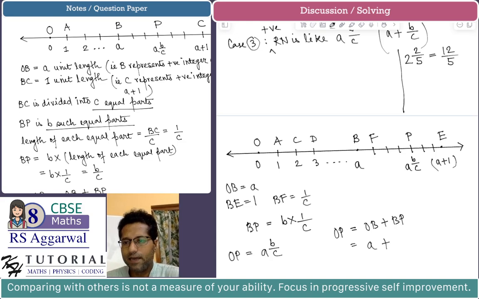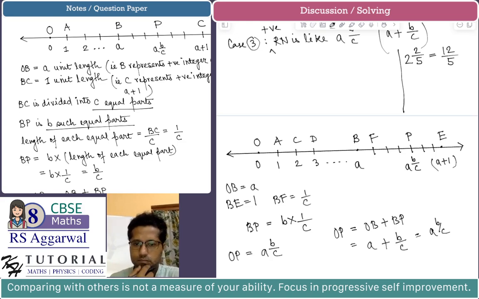The point P has been taken in between B and E at the mark which represents b such equal parts, where BE is divided into c equal parts. So point P is at a distance of b such equal parts from B, so BP will definitely be b by c. So you see that OP is equal to a plus b by c, which is nothing but a and b by c. So definitely the point P is representing the rational number a and b by c.